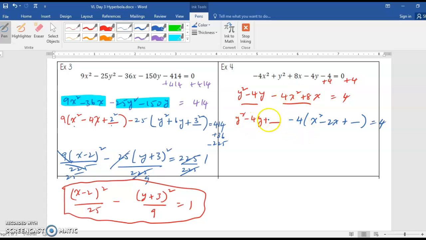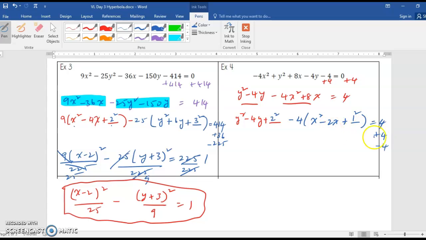In the first blank you will have 2 squared, half of 4 squared, and here half of 2 is 1, so 1 squared. From the first group we are actually adding 4, so I'm going to add 4 on the right. But in the second group, you're actually adding a negative 4, meaning you're subtracting 4 on the left side, so you're subtracting 4 on the right side also.